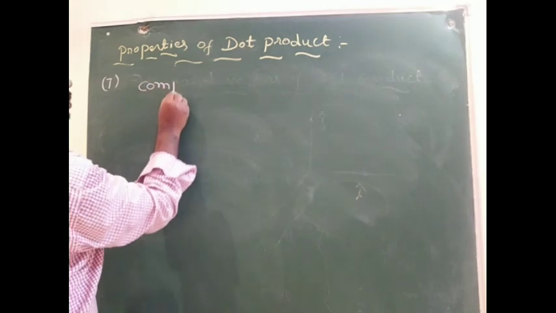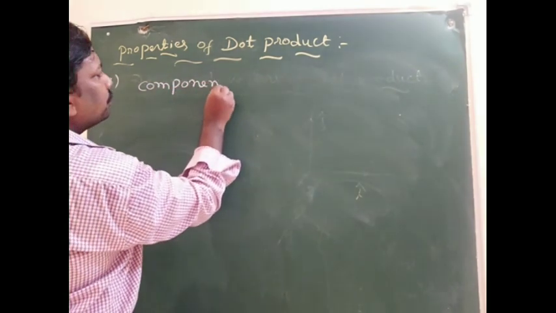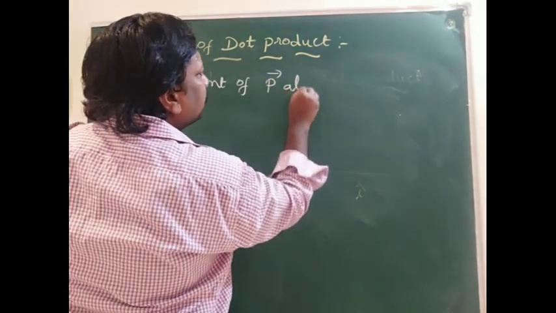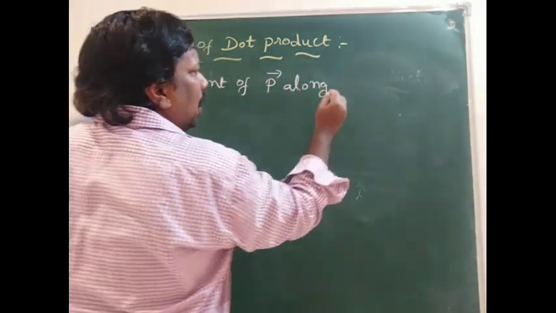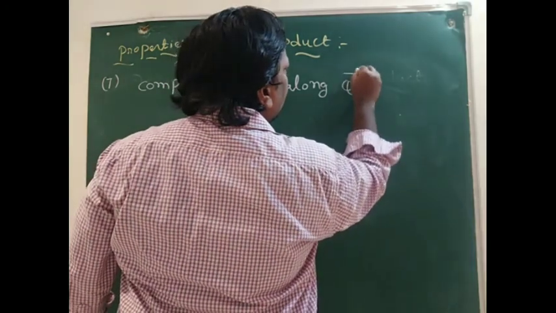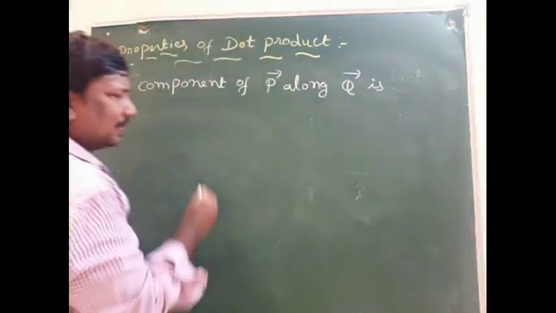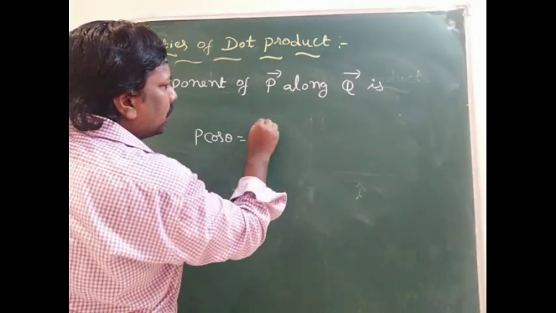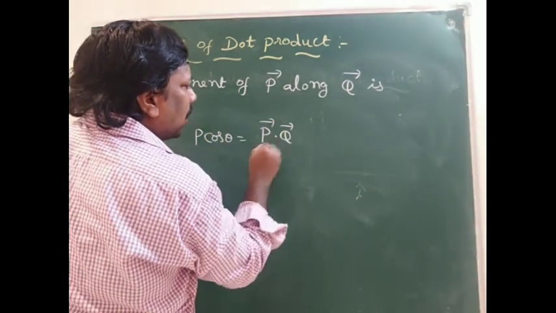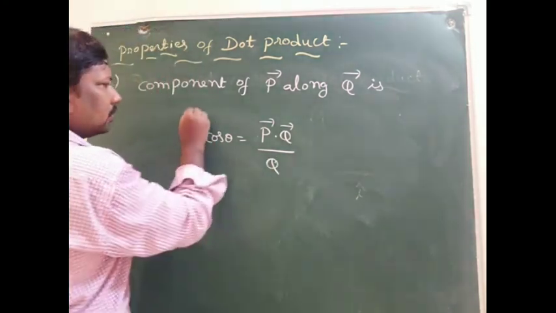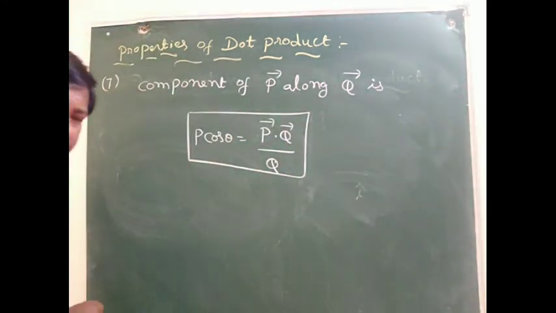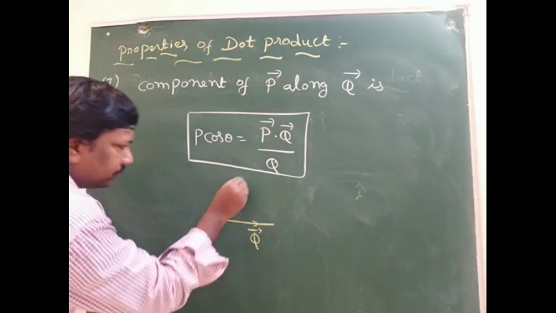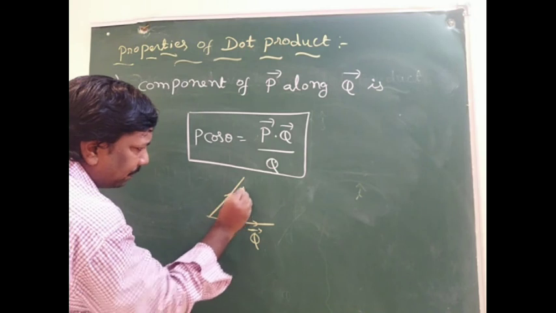Component of P bar along Q bar is P cos theta, equal to P bar dot Q bar by Q. So in this case, this is the Q bar, this is the P bar.